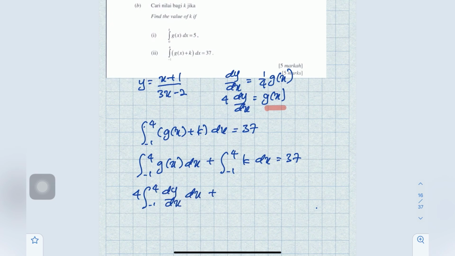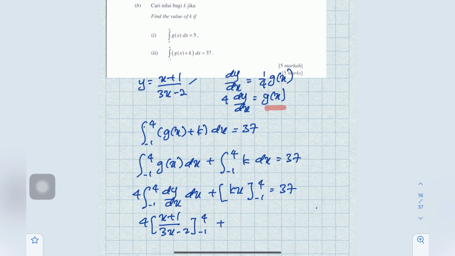Okay, tambah. Okay, k is constant. Kalau k constant, kita integrate, kita akan dapat kx. Okay. So, this one equals 37. Okay, tadi integrate dy/dx akan dapat y. But y is x. This one (x plus 1) over (3x minus 2).